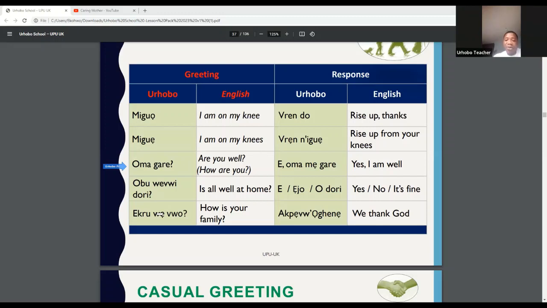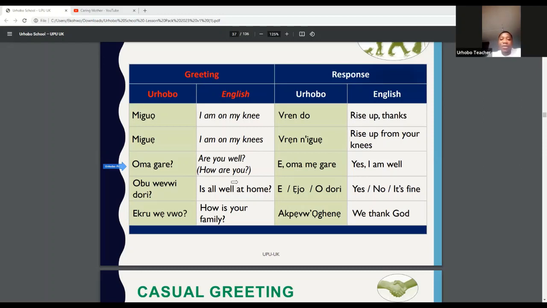Oma means body. Gari means strong. So it is asking, is your body strong? It means are you well? Omagari, are you fine? How are you?